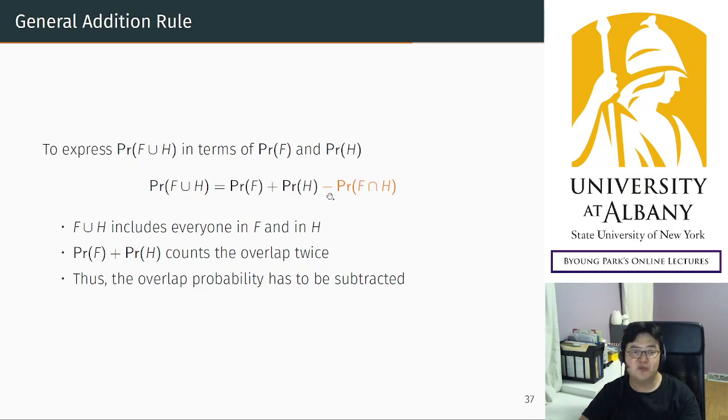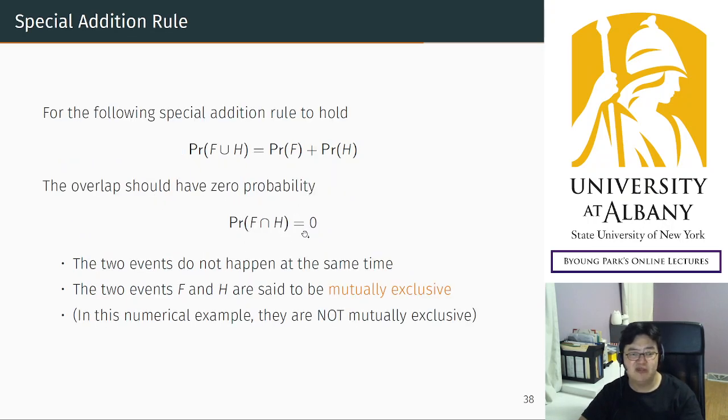If the subtraction is 0, then it becomes pretty simple, and that happens when the intersection probability is 0. That means two events do not overlap. Two events do not happen at the same time. Statistically, we call this mutually exclusive. We call two events mutually exclusive if they don't have any intersection, that is, the intersection has 0 probability. Then you can write it this way.